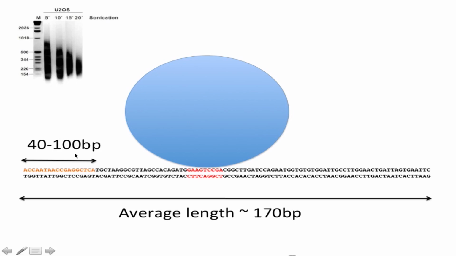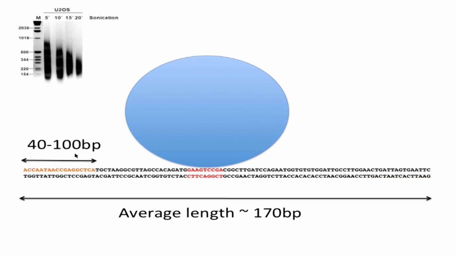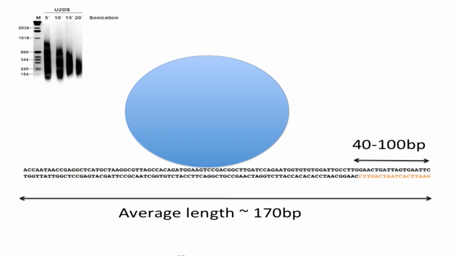If you were to do paired end, you would sequence both extremities, but again, there's no good reason to do this for ChIP-seq. So you sequence one extremity, typically chosen at random, one side or the other side. The size of the piece of DNA that you sequence is somewhere between 40 and 100 base pairs. All that's important in terms of analysis, as you'll see in the next few slides.